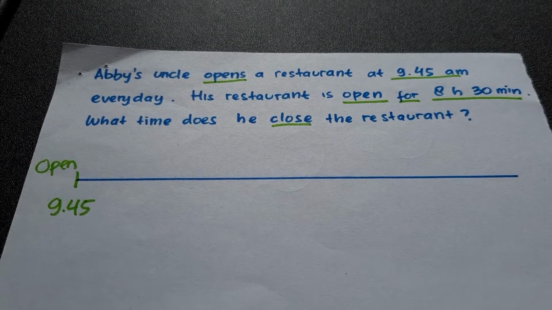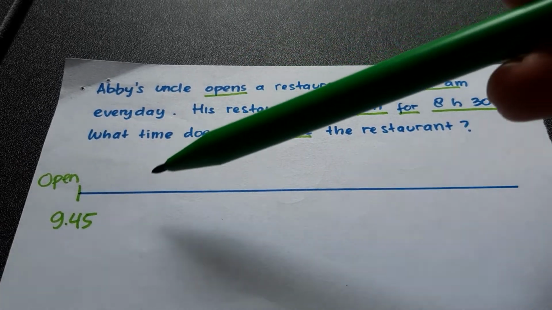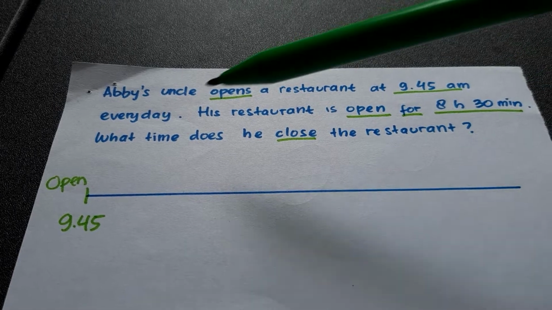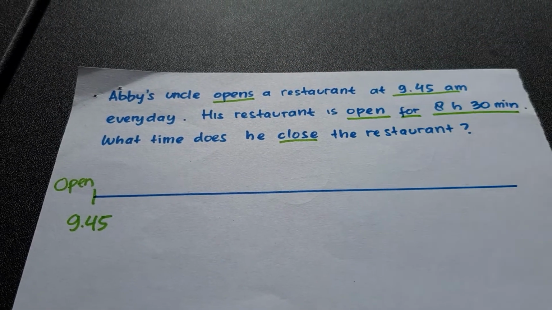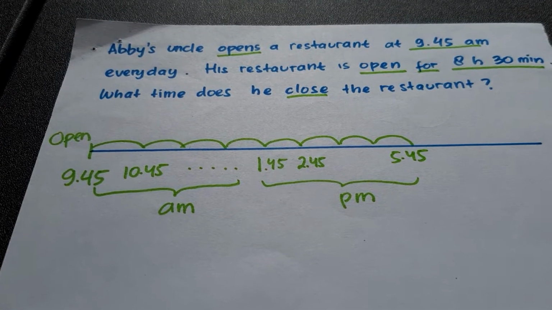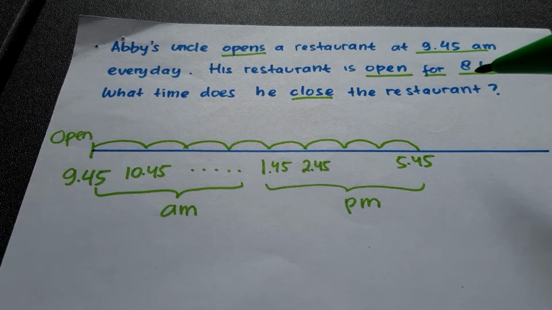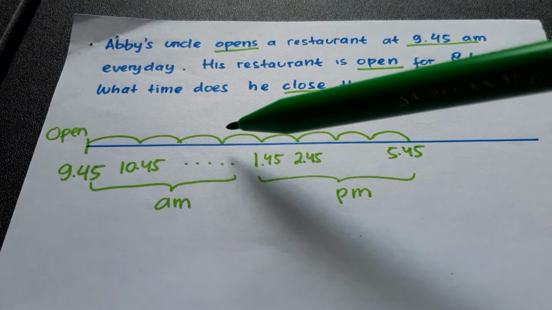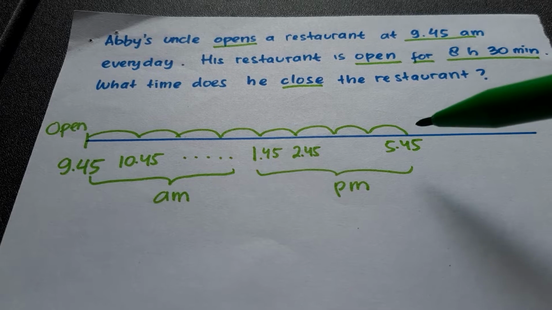Okay, we know that the restaurant is open at 9:45, so I write 9:45. And the duration is 8 hours 30 minutes, so we know the duration here is 8 hours. So I'm going to make it one by one. Okay, I made it like this. Since it's 8 hours, it's going to be a long one, so I make it 1, 2, 3, 4, 5, 6, 7, 8.